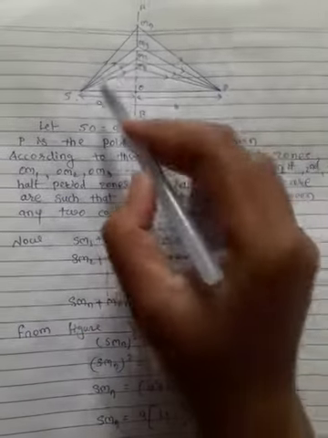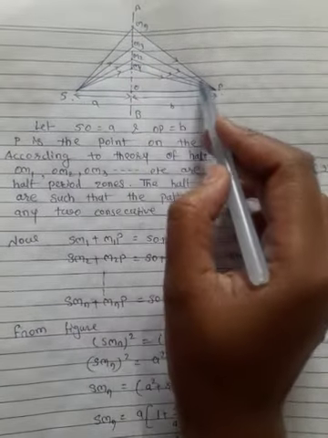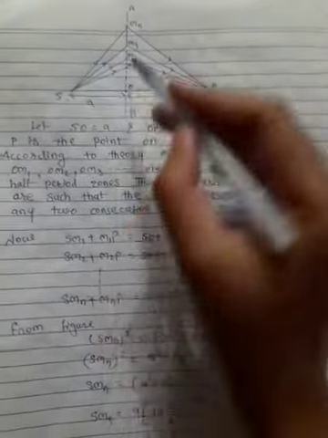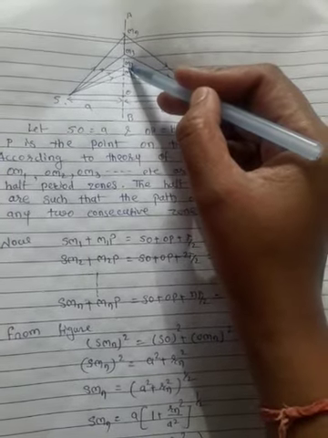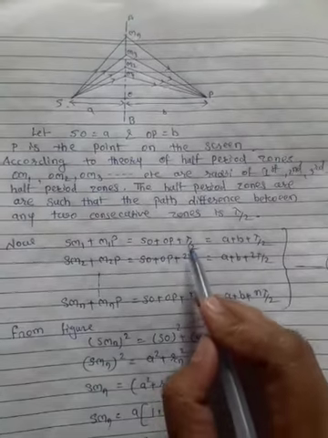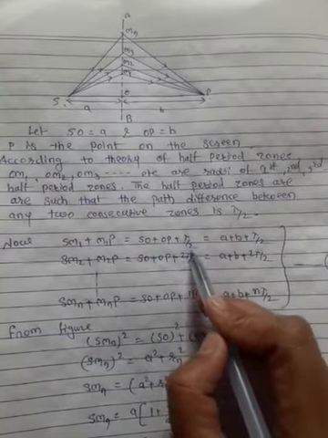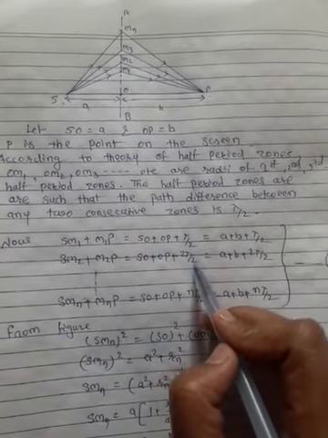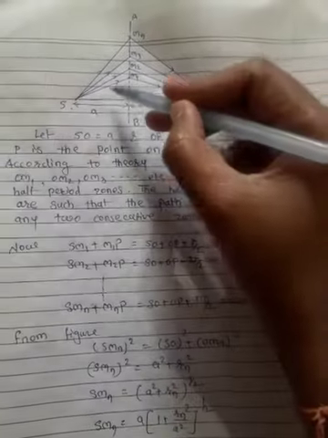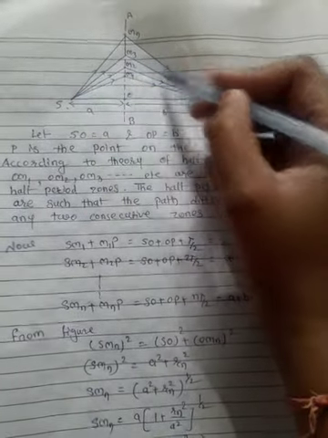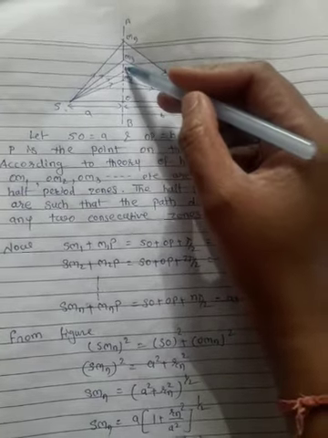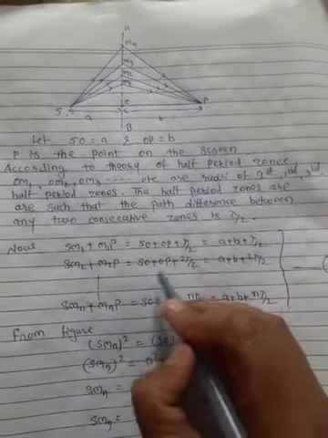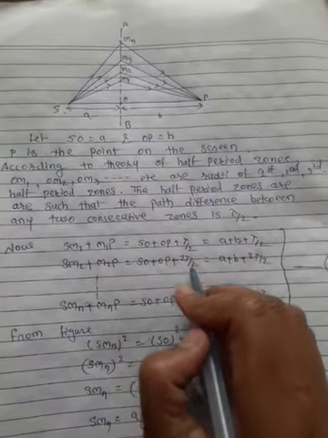Similarly, for SM2 plus M2P, the path difference from O is 2 times lambda by 2, written as 2 lambda by 2. Similarly, for the third, 3 times lambda by 2 is added. Therefore, we take SO plus OP plus 3 lambda by 2.